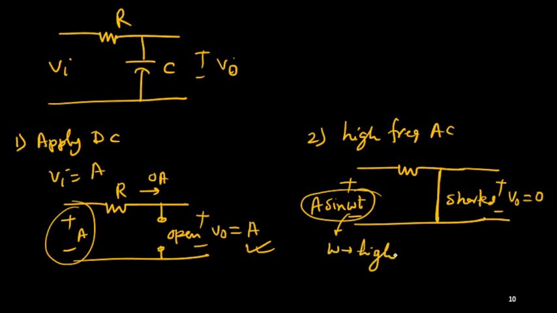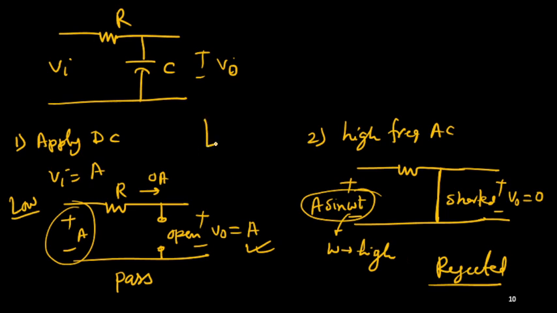So a very high frequency signal cannot pass through the system because the capacitor is behaving as short circuit. But for DC signal, the capacitor behaves as open circuit, so we get almost the same potential here. We can conclude that low frequency can pass through, but high frequency is rejected. Thus it is a low pass filter. Very, very useful concept. And the same thing you can understand using an inductor.